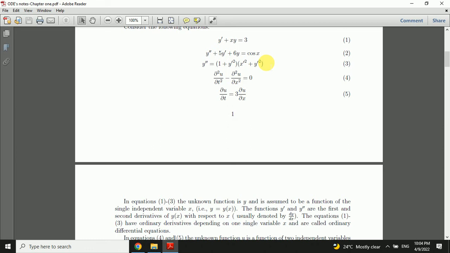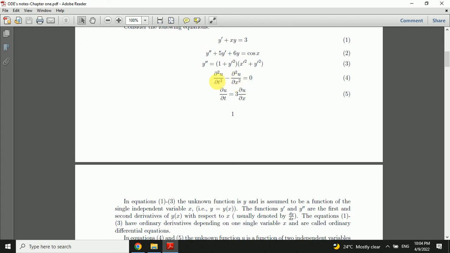Okay? Now, what happens to equation 4 and 5? I want you to look clearly. In equation 4, we have u, and then down here we have t. But in the same equation, we have u, and then down here we have x.